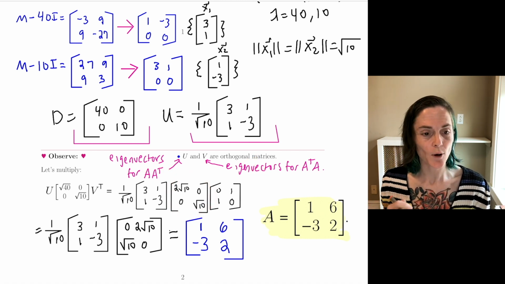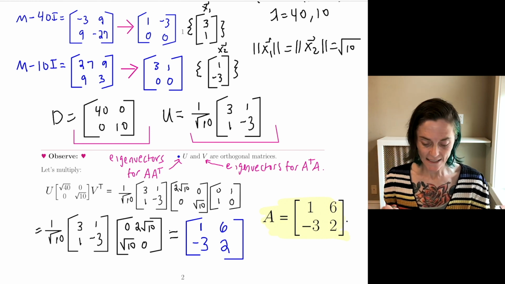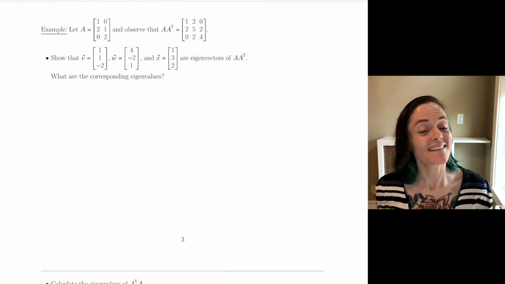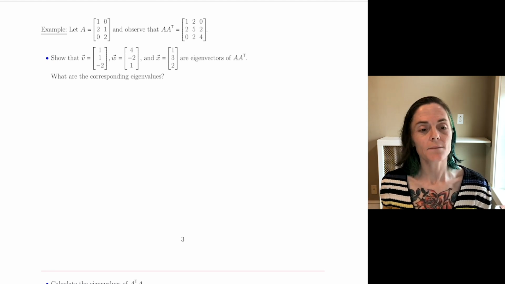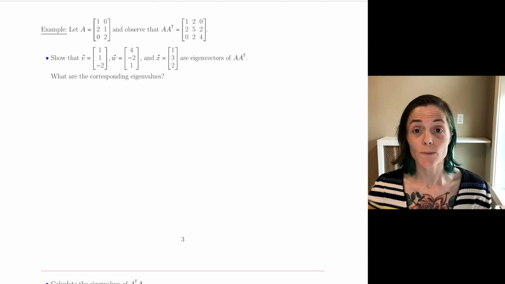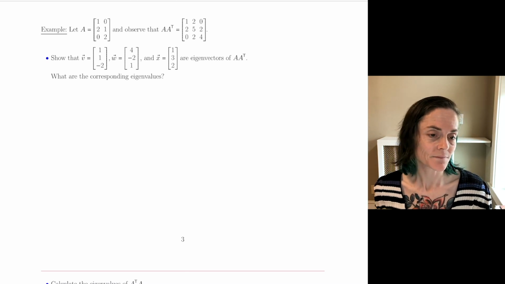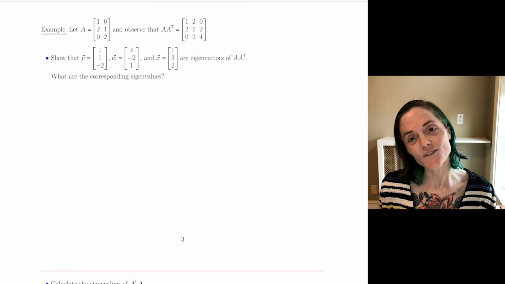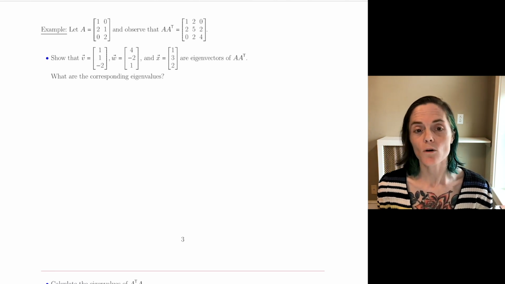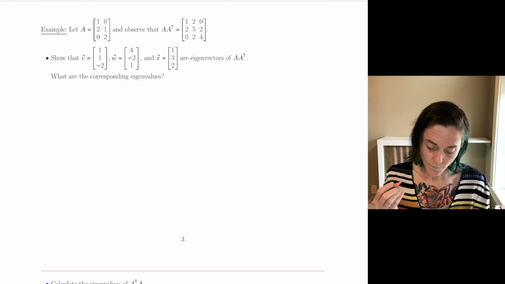Let's do another example. We won't do the full product, but I want to make a remark with another example. Here's a matrix. We have 3 rows and 2 columns, and I give you A transpose. Of course, you could verify. The question is, show that V, W, and X are eigenvectors for A transpose. What are the corresponding eigenvalues?